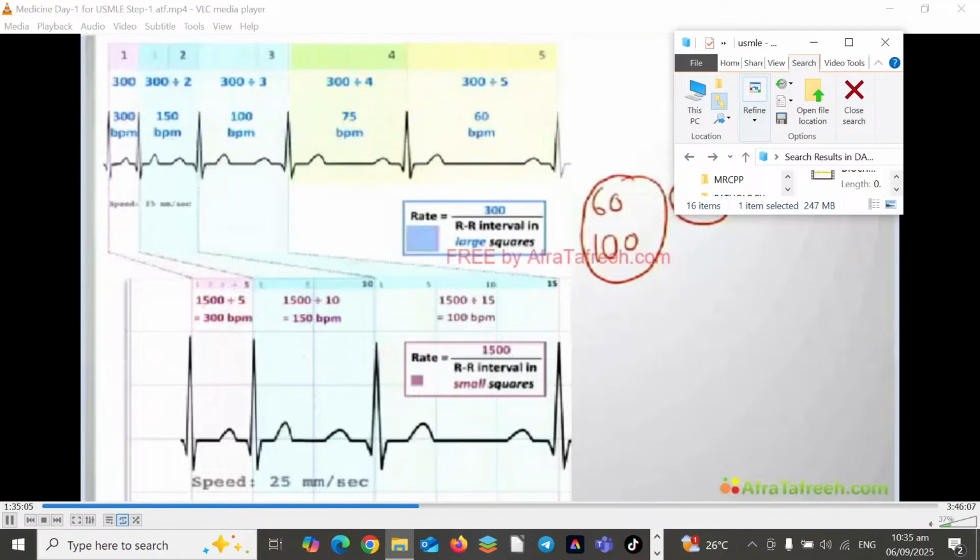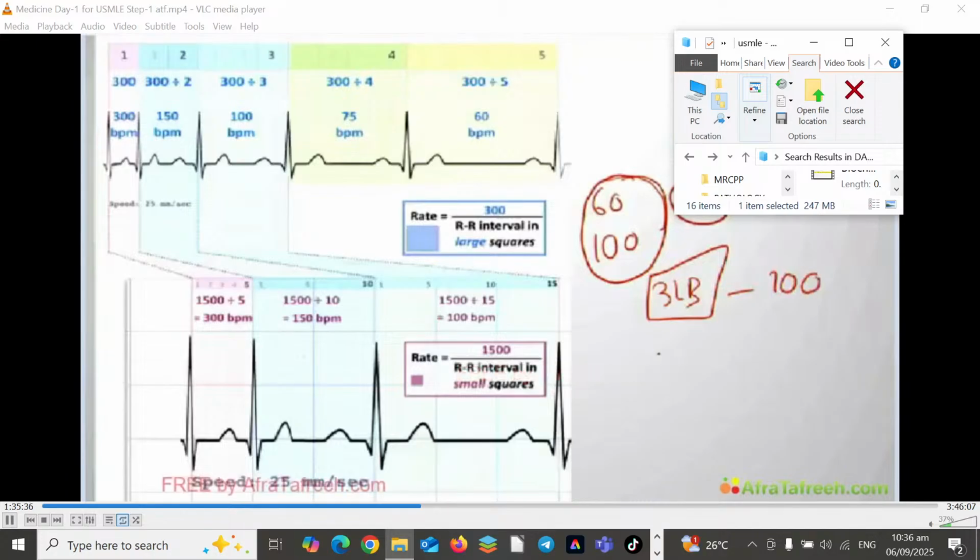So we were talking about the hack to understand the rate faster. You had 60 to 100. That is your normal rate. Less than 60 would be bradycardia. More than 100 would be tachycardia. If there are 3 large boxes between an RR interval, you know the rate would be 300 divided by 3, which is 100.